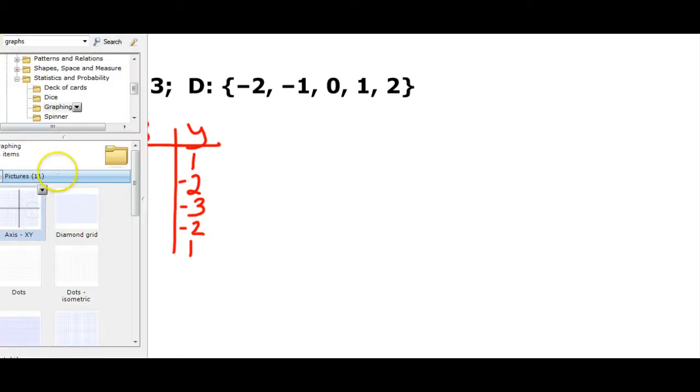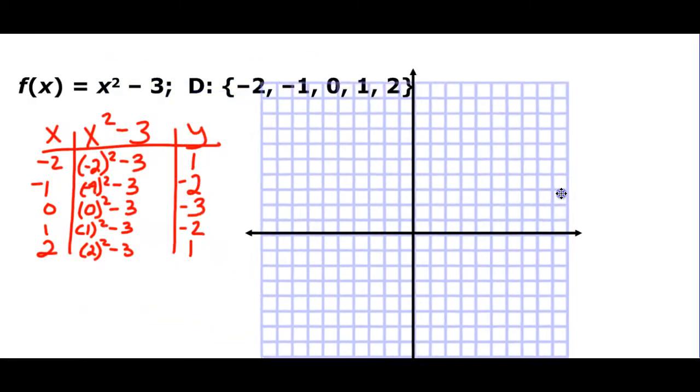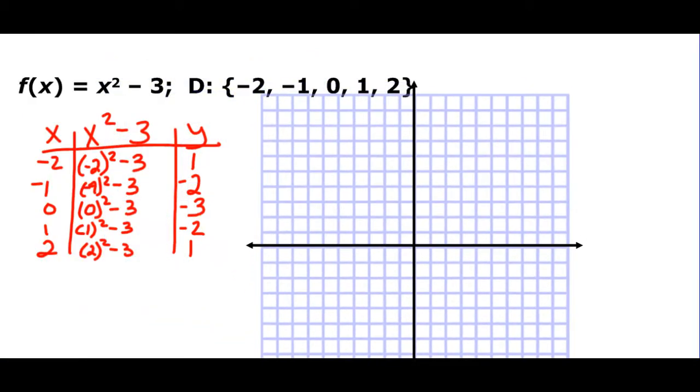Again, we're going to graph these. And let's see what it looks like this time. Ready? -2, 1. -1, -2. 0, -3. 1, -2. And 2, 1. Well, that's definitely not a line this time.